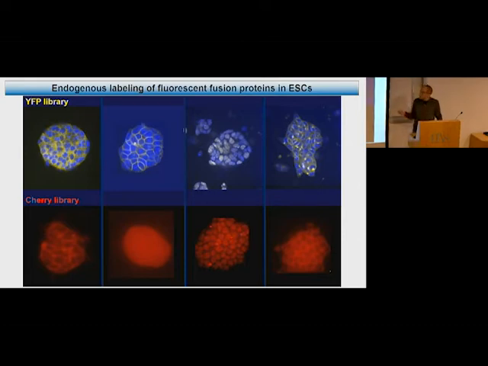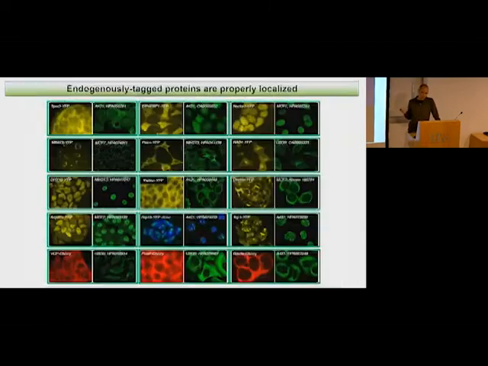Although we don't consider these proteins to be functional, unless proven otherwise, at least in over 90% of the cases, when we compare their endogenous localizations to localizations of the antibodies that we found in the literature or elsewhere, you can see these pairs.